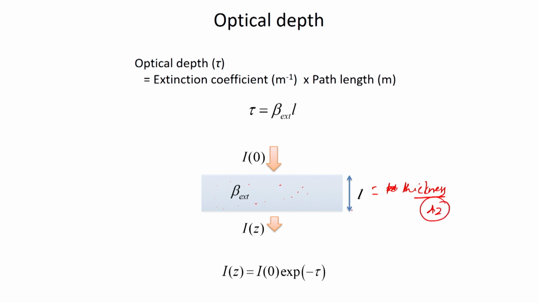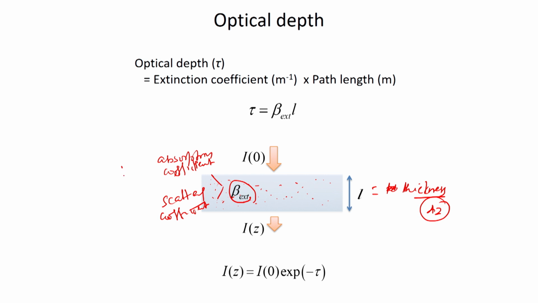Now assume that all the particles, whatever number of particles there are, contribute to the beta extinction, or extinction coefficient, which is either because of absorption or because of scattering, both. So beta extinction means you have to put here the absorption coefficient and the scattering coefficient, both.